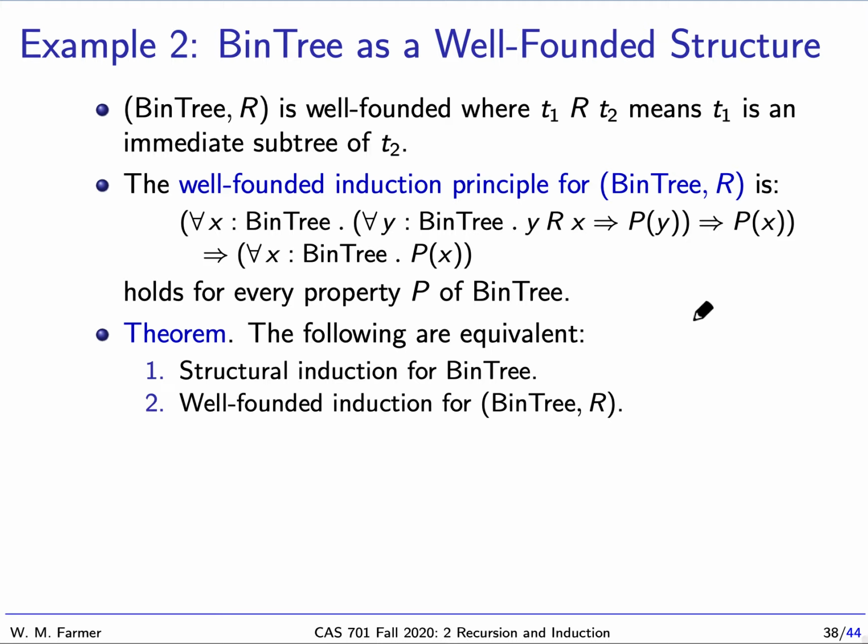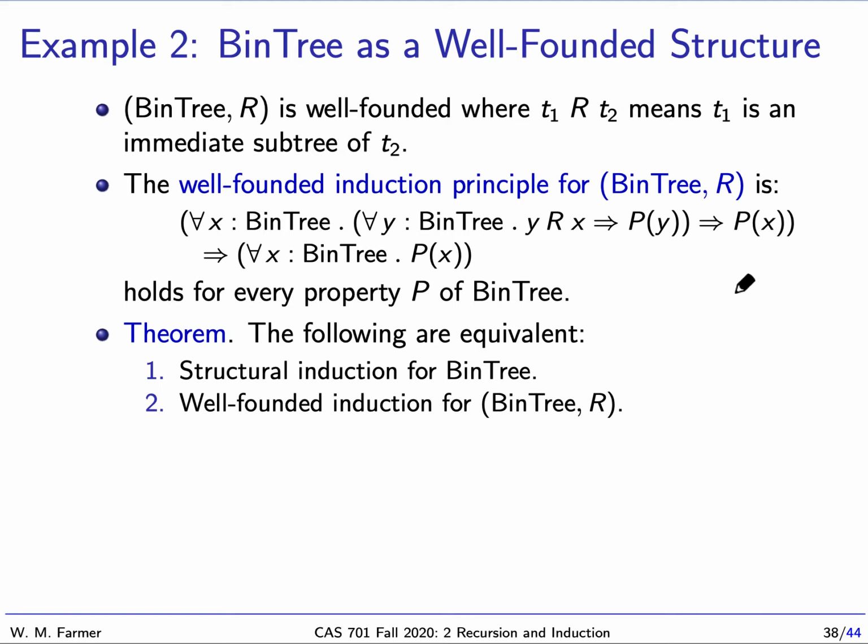Okay, now, we talked about how bin tree is a set of elements defined as an inductive set, but bin tree with R is well-founded, where R is defined as T1 R T2 means T1 is an immediate subtree of T2.